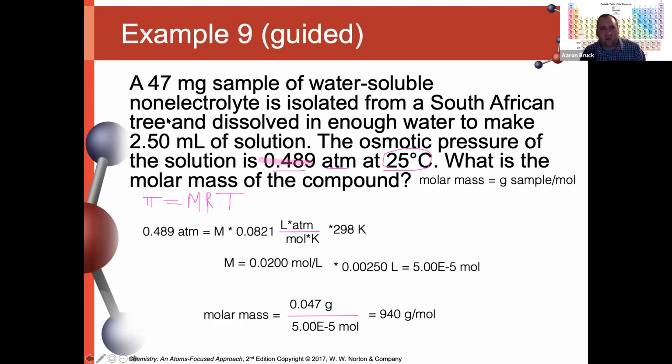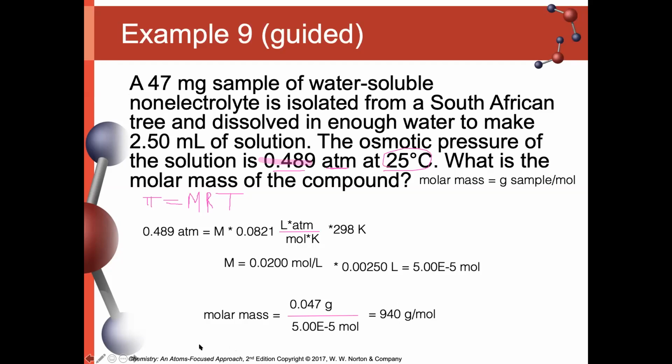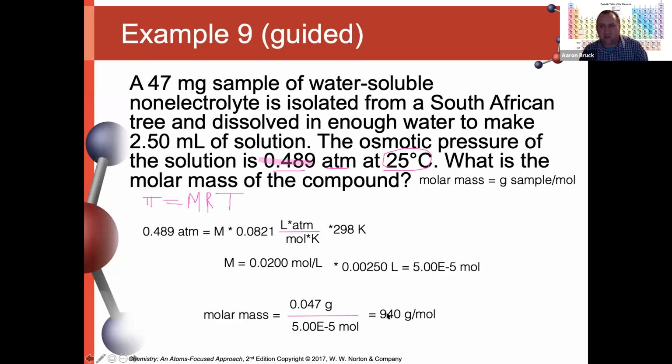So where we see this the most often is in these kinds of compounds where we're characterizing something that is molecular, something that is biological, something that is complex, like a protein or a complex carbohydrate, something that has a lot of complexity to it.